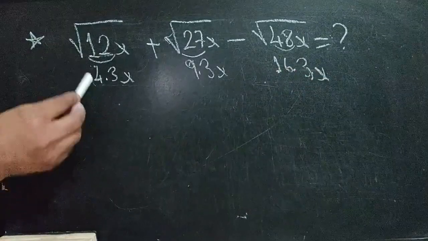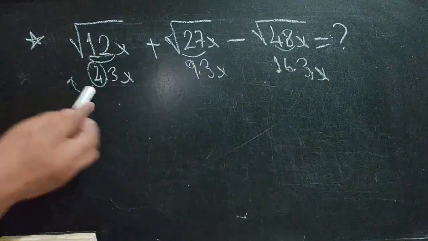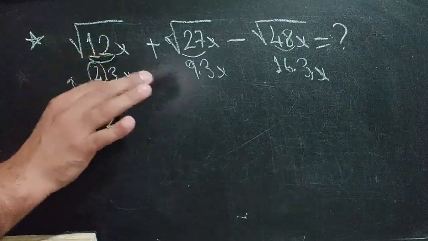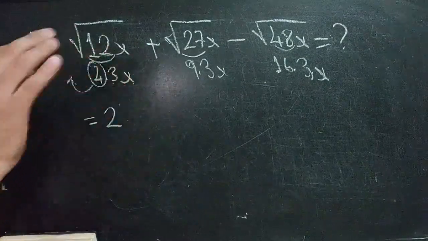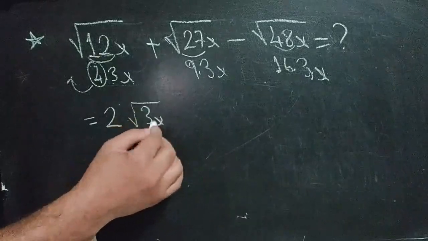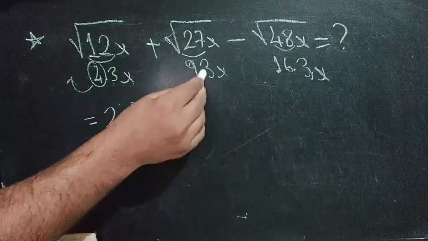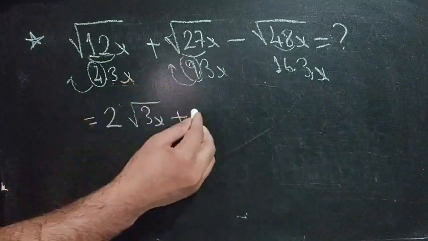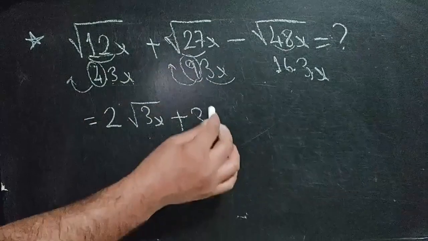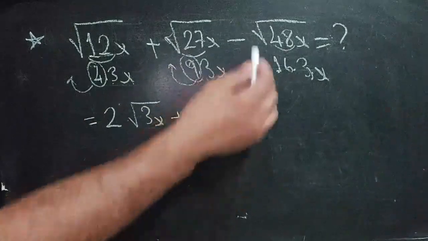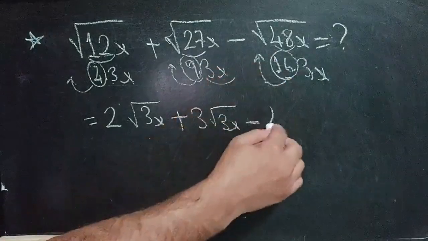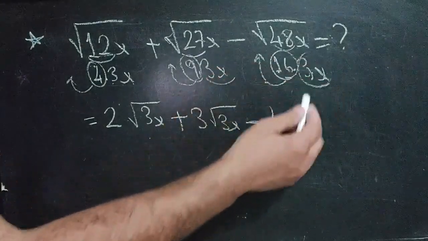So that one will come out as 2, but 3 and x will stay inside, they won't be able to come out. Square root 3x, right? Now plus this will come out as 3. Again, 3x will stay inside. Minus this 16 will come out as 4, and again this will stay inside.